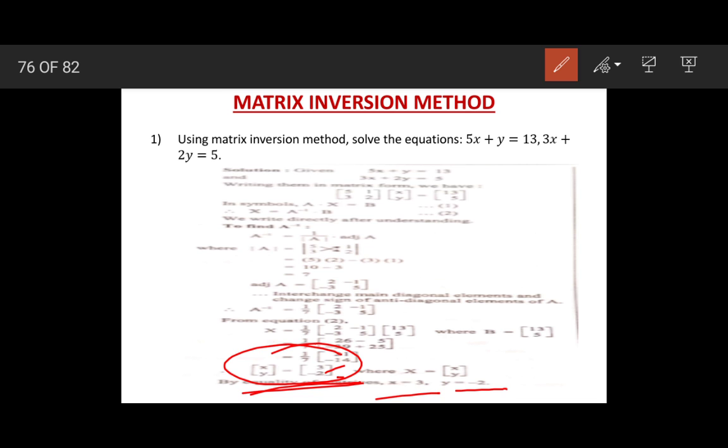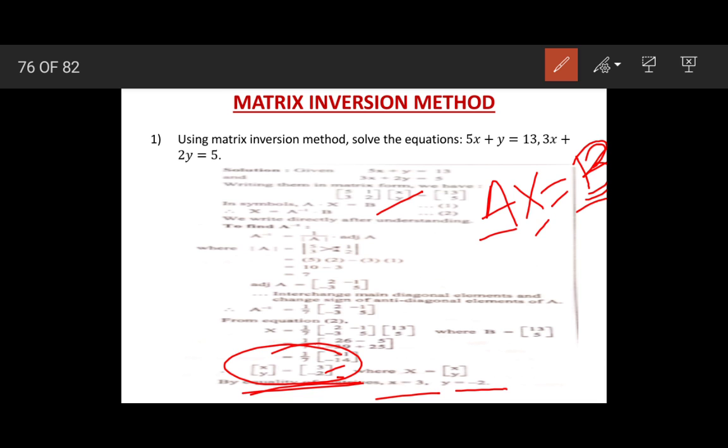Okay. So is the concept clear, how can we solve simultaneous equations by the matrix method? Just go step by step. Step 1 is to first write the equation in matrix form. That means write the equation as AX equal to B, all capital letters, where A is a matrix of coefficients, X is a matrix of variables, and B is a matrix of constants.